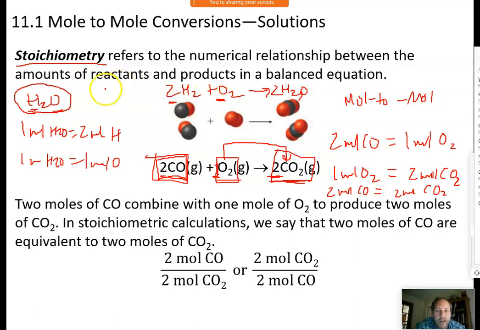I think we found out that you needed 4 parts of hydrogen versus 2 parts of oxygen, which is basically a 2-to-1. Well, that's what we're doing with the mole-to-mole conversions. Twice the many moles of hydrogen for every 1 mole of oxygen.